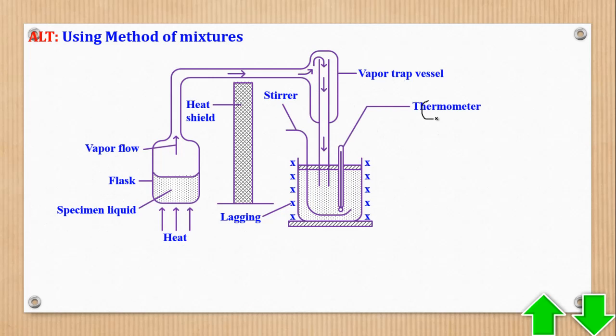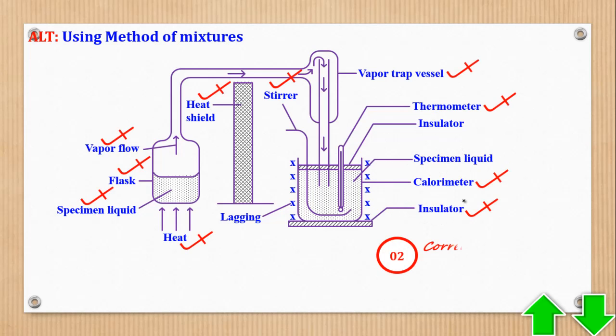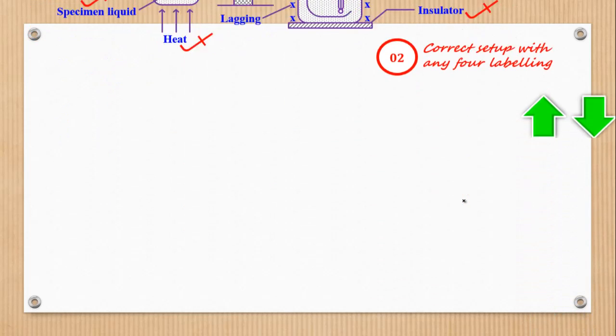Then that is the thermometer, insulator, specimen liquid, calorimeter, and insulator. So that is the diagram for the method of mixtures. Let's see how it is used.